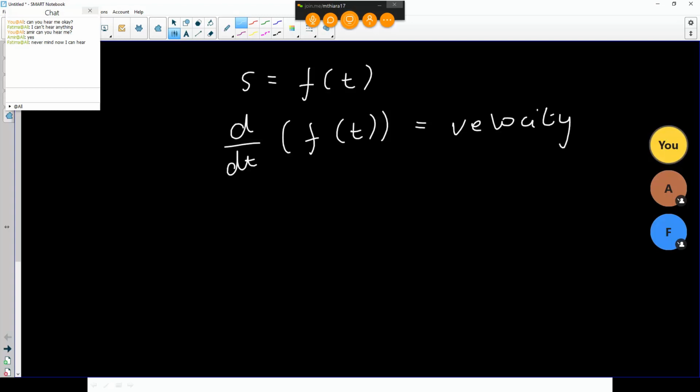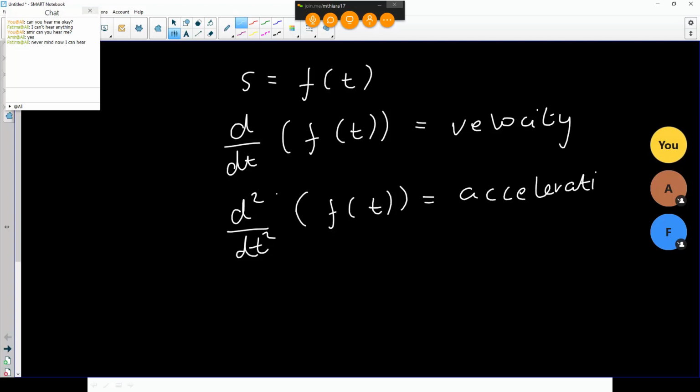And if I now differentiated that again, d²/dt² of f of t, I would get acceleration.